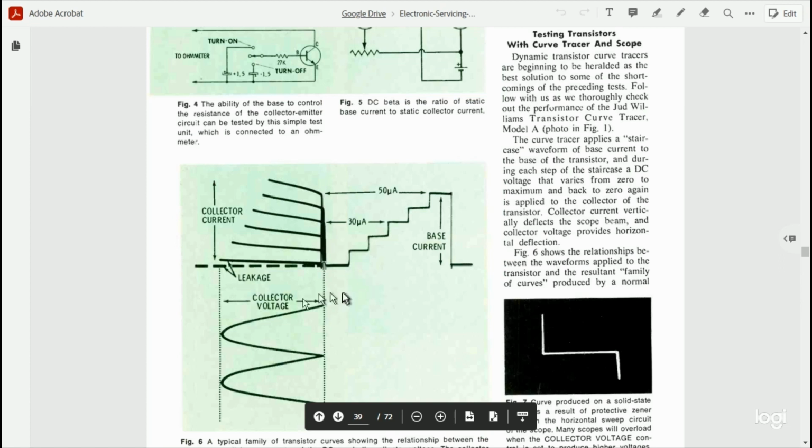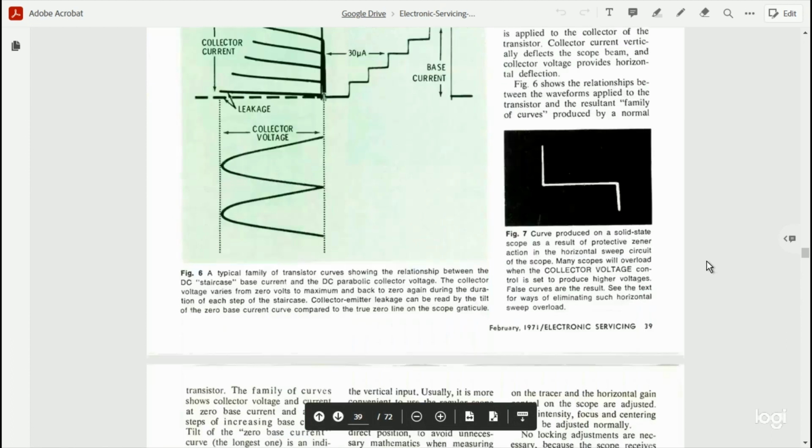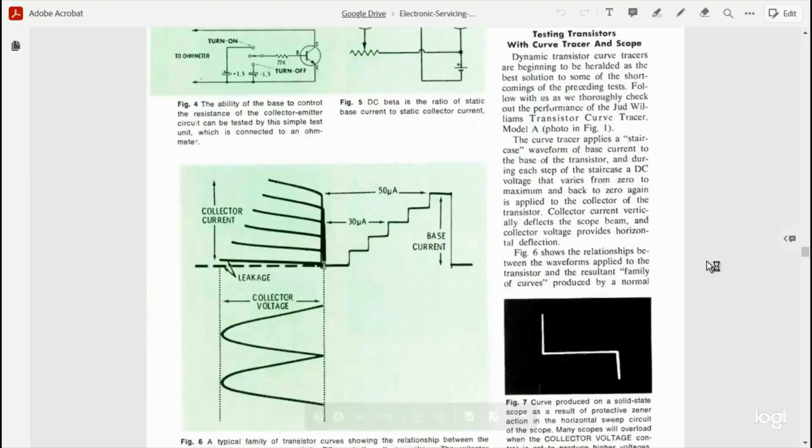And on the horizontal axis, it could be something as simple as driven from a tap on the 60 hertz power transformer someplace, or another smaller transformer, or it could be an internal sawtooth or triangle wave generator to drive the horizontal to create the curves.